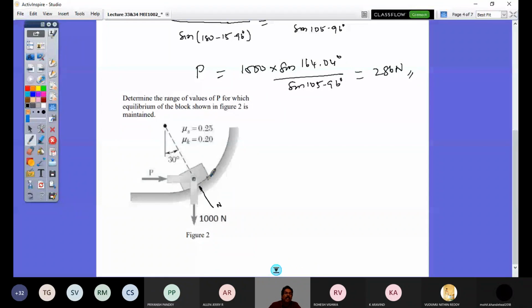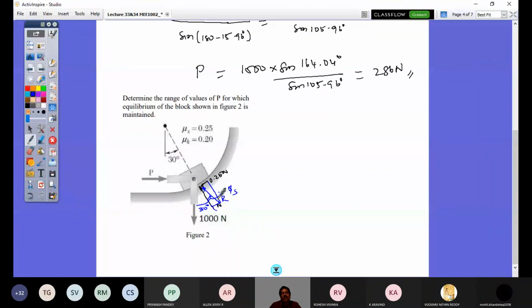And if I combine these two, this is my reaction R, and that would have here the angle phi s. This is phi s, and already this is normal, and that would have this angle 30 degrees. So now the direction of R to the vertical is 30 plus phi s, right?